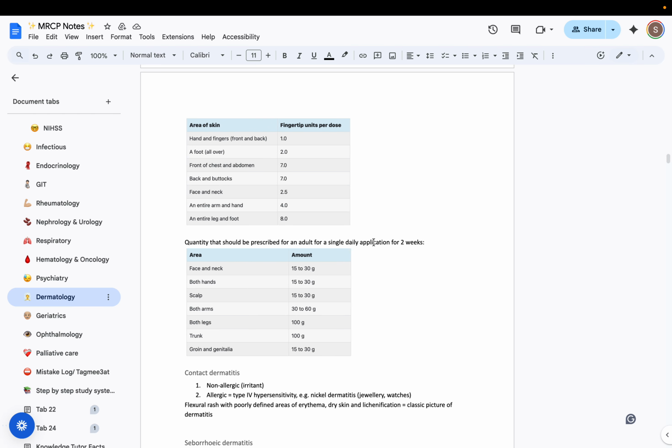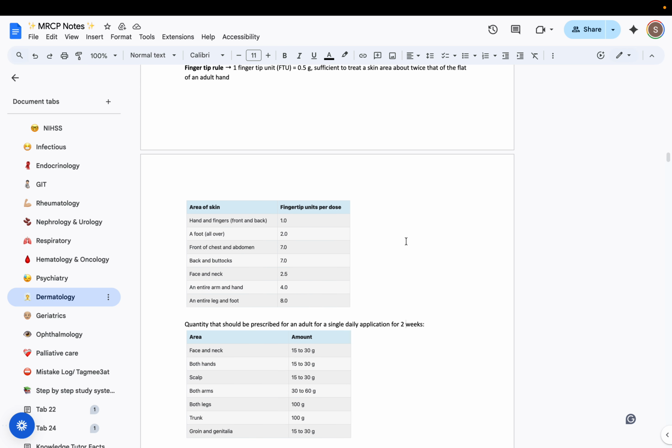So this is the quantity that should be prescribed for an adult for a single daily application for 2 weeks. So let's say an adult would need to treat their face and neck. We said the face and neck needs 2.5 fingertip units. Each fingertip unit is 0.5 gram.